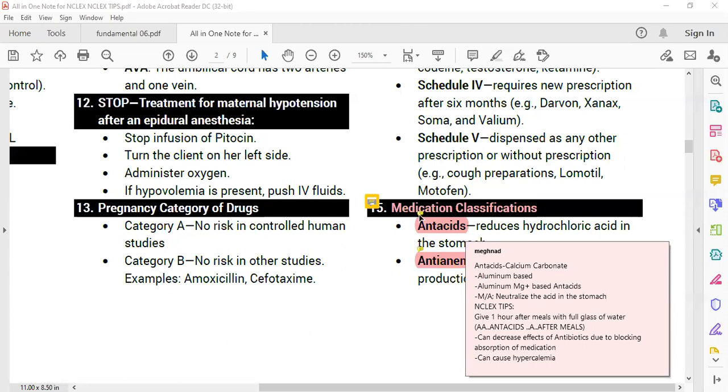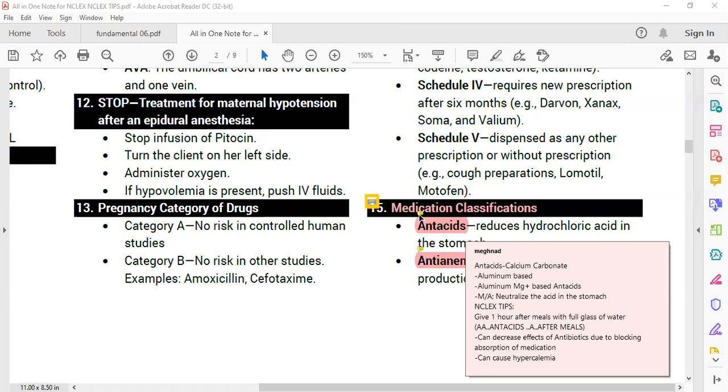For the NCLEX board, you should know antacid, especially calcium carbonate, is good to give 1 hour after a meal, meaning after food, with a full glass of water.